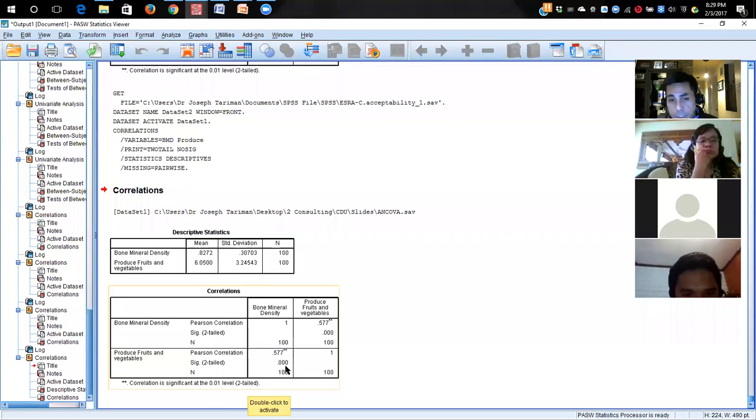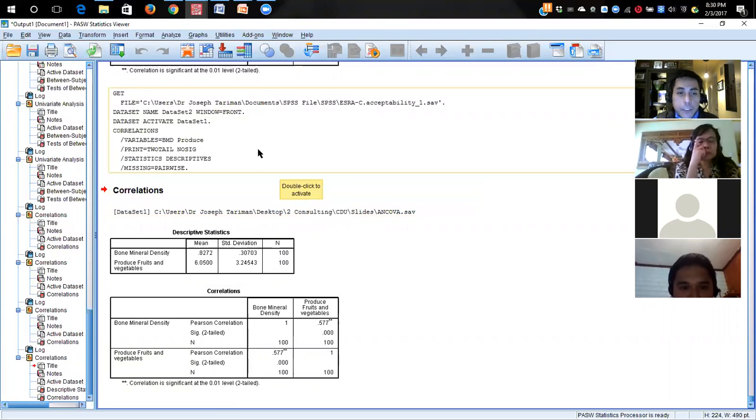So it's 0.000. So the correlation has a very high significance level. It's 0.01 for two-tailed. You could do that as 0.05 for one-tailed, but that's a separate conversation. But let's assume now that we meet that assumption of ANCOVA.